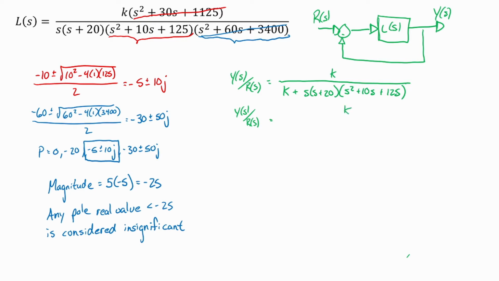We have K all over s to the 4 plus 30s cubed plus 325s squared plus 2500s plus K. So now we're going to move on to the next page and actually complete the stability criterion for this, and we'll only be using the denominator.